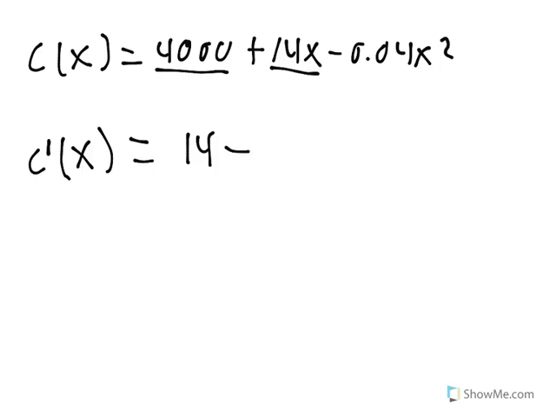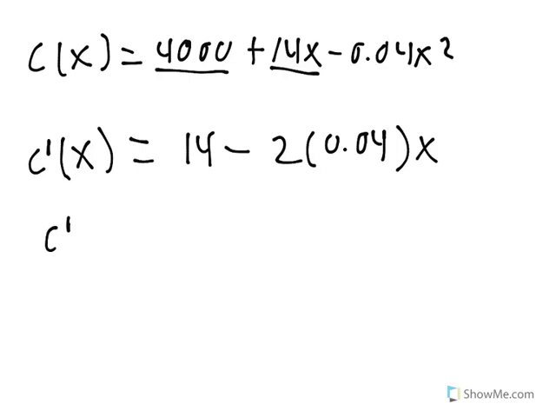The derivative of 0.04x squared is going to be 2. So you bring this power down, you multiply it times that constant, which is 0.04, and then you still have an x remaining, and the x is always raised to its original power minus 1. So 2 minus 1 is just x to the first power.